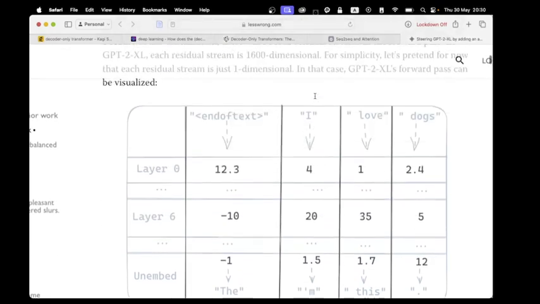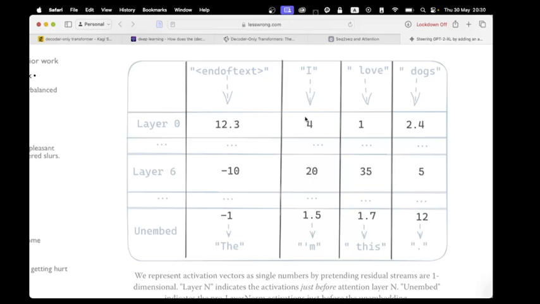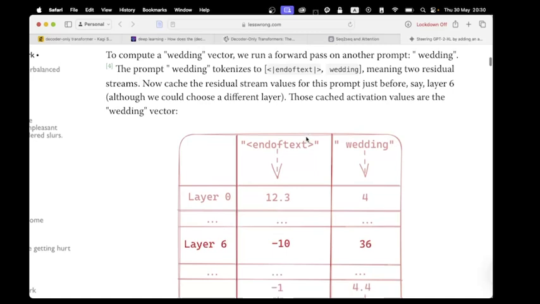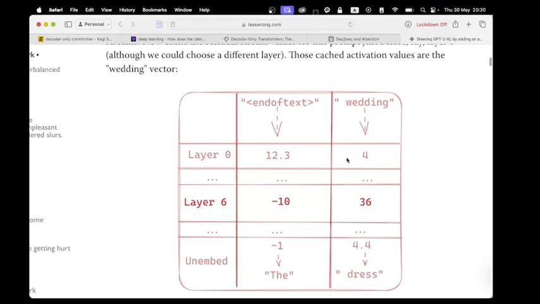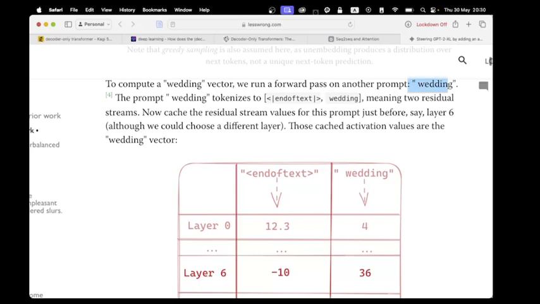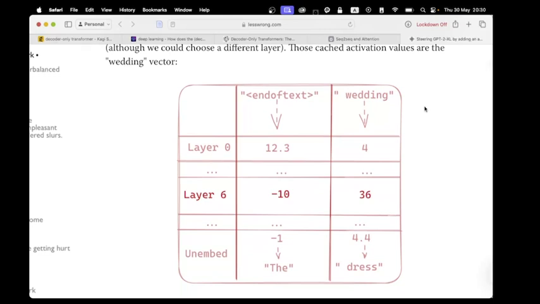Now the question is, how do we patch this thing? We want to find this magic vector which will change the outputs. And the way we do that is we first do another forward pass for the thing we want to steer towards the direction of, in this case wedding, and we arbitrarily pick that we are going to patch at layer 6.